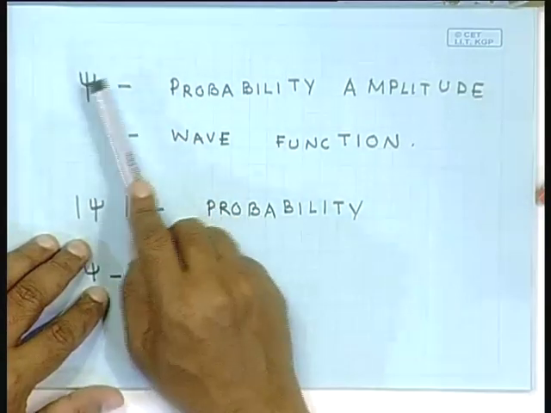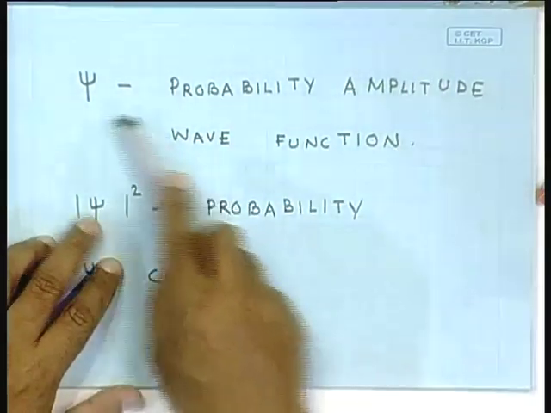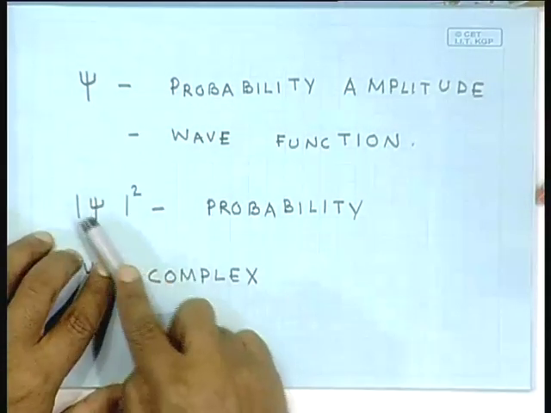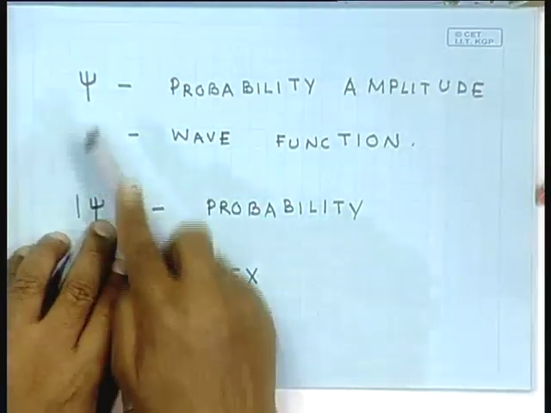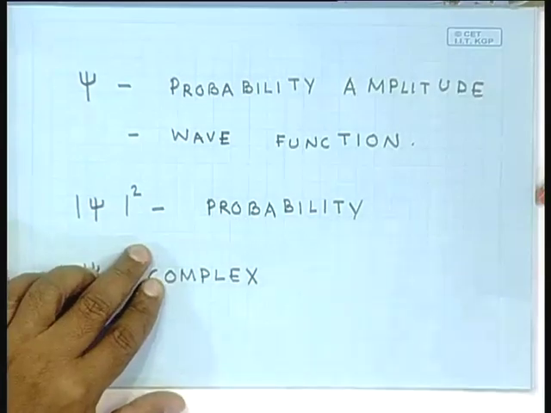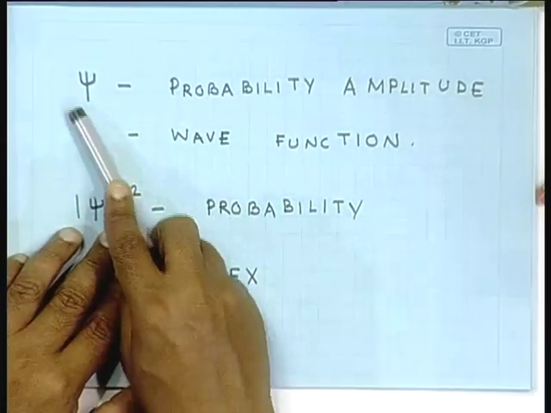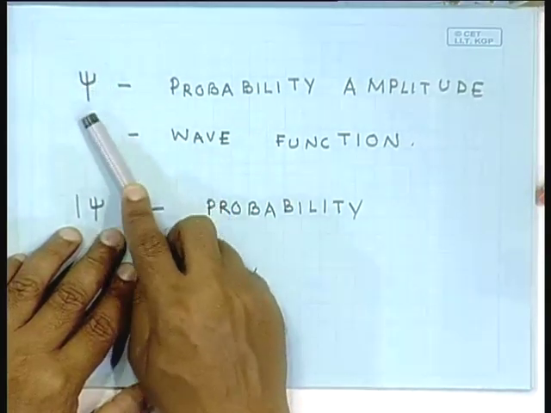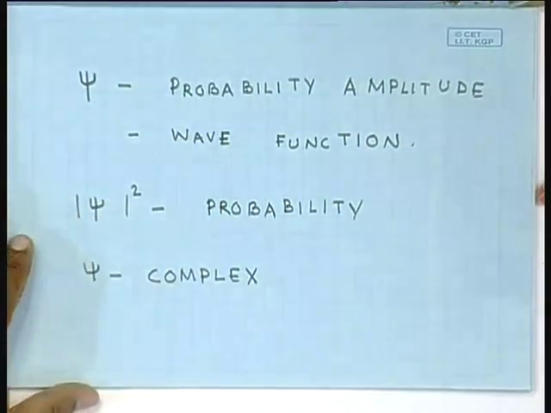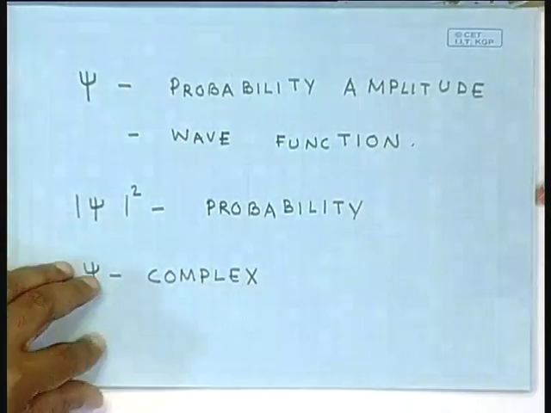So, the probability amplitude has been defined in such a way that, just like you calculate intensity, you take the modulus, take the square, and it gives you the probability of finding the particle, which is supposed to be positive. And it is supposed to be in the range 0 to 1, which you can adjust easily by just multiplying it by a real number. And this psi is complex.